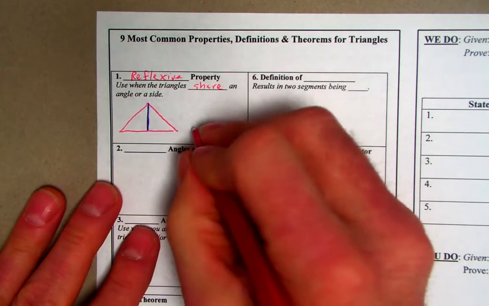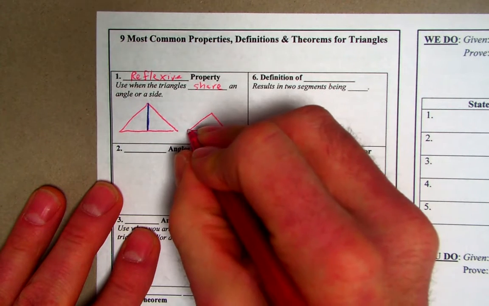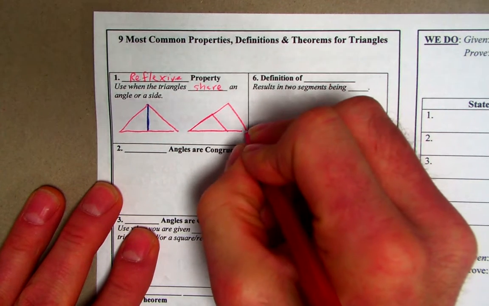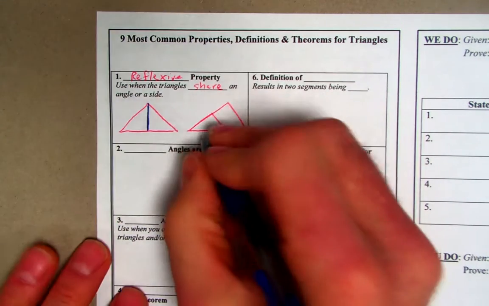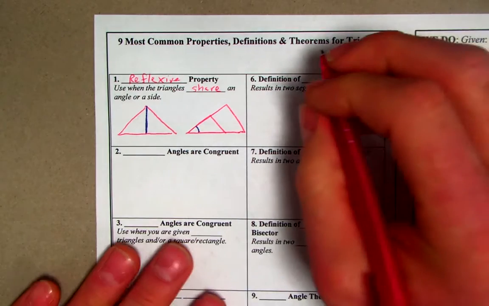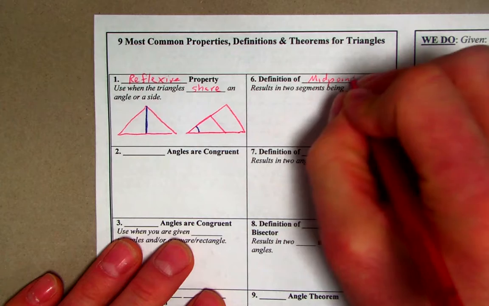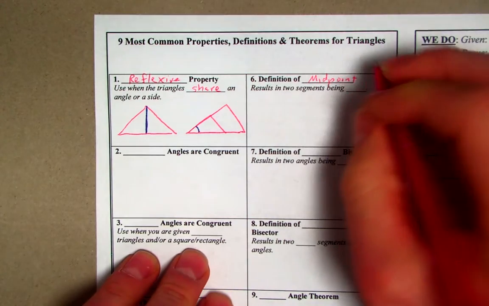Or maybe you've got two triangles like that that both share an angle. All right, definition of midpoint. That results in two segments being congruent.